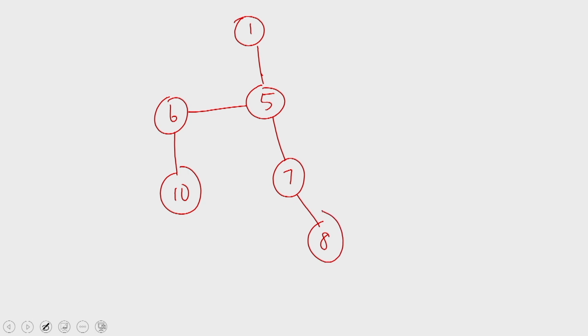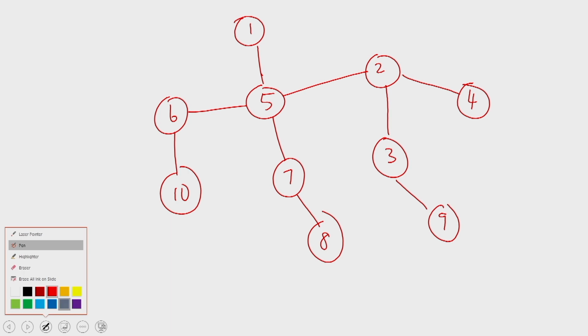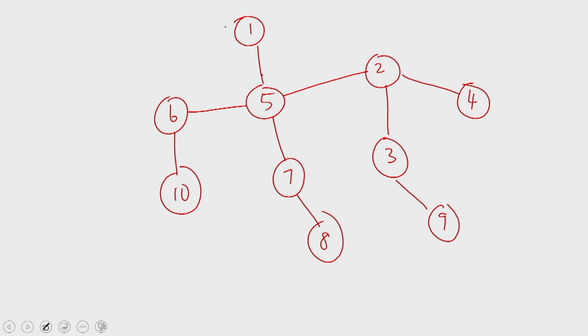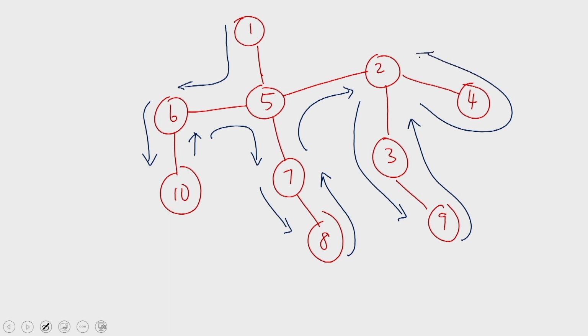So, this was our original graph. So, when we set up the Euler tour in this manner, we find that the flows are in this direction, which will take us back to the original point.